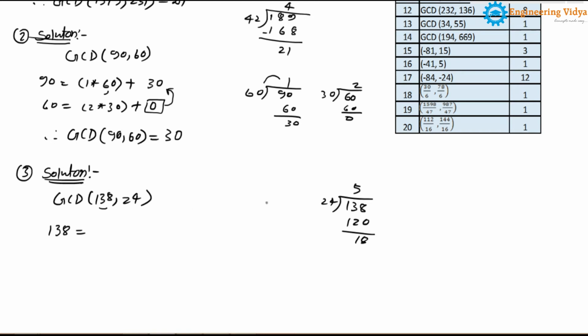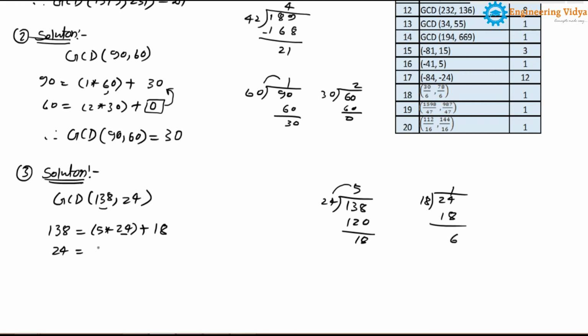So we'll write over here 5 into 24 plus 18. Since here we have 24, 24 will be written here, and 24 will be divided by 18. It will go 1 time, and the result will be 6.